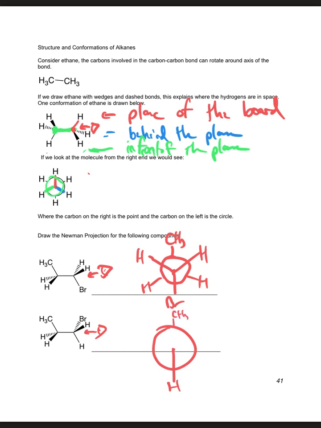On the carbon in back, we have a hydrogen, this hydrogen, to the right, and the other hydrogen to the left. And then on the carbon in front, we have a hydrogen to the left and a bromine to the right. Okay, so as you're looking at these, think about where you would position your eye to view down the bond and figure out which bond you need to look down as you're going along. Okay, and we will practice a few of these as we're going along.